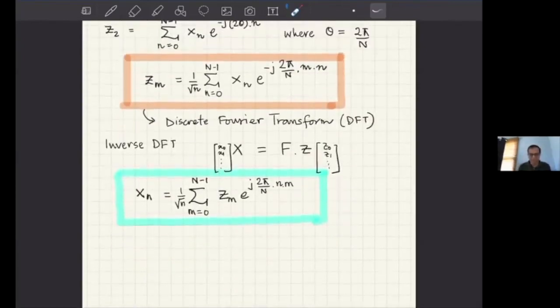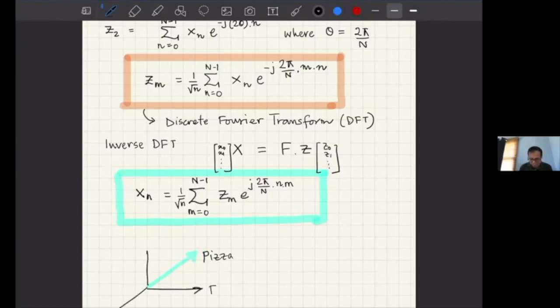As a very quick analogy, which often gets my young students excited, imagine the signal that you care about is a pizza. You can cook pizza in one basis, which is maybe flour, cheese, and salt.